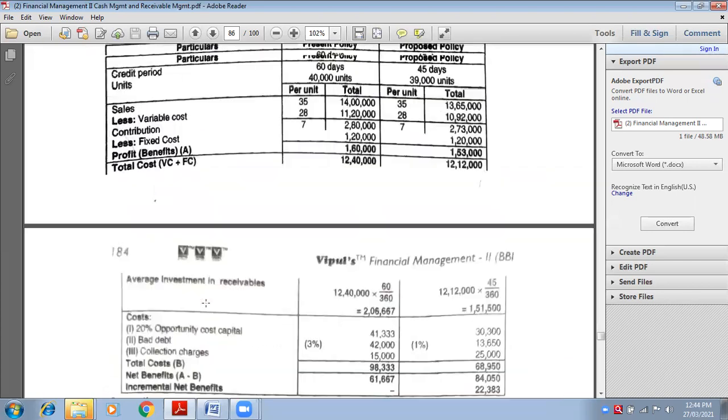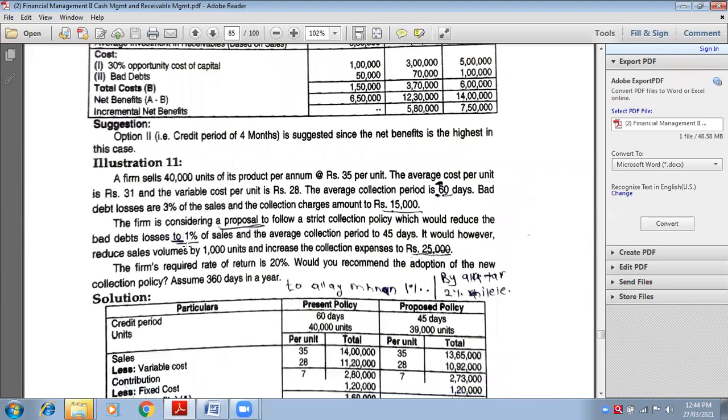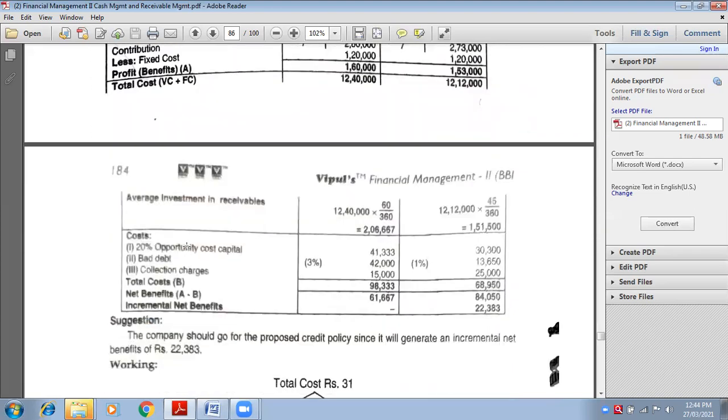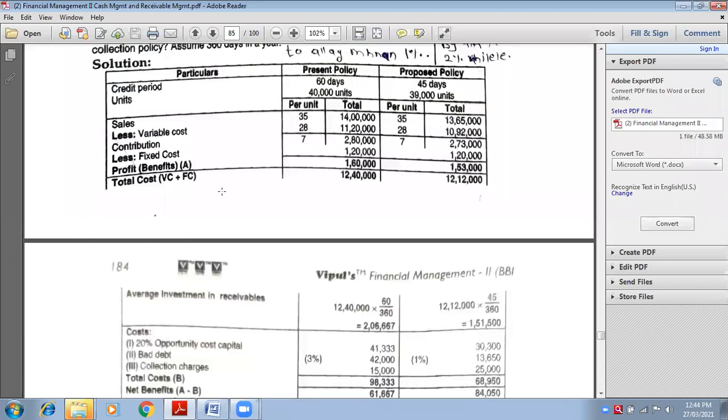Now bad debts. See, bad debts are given separately. In the present situation, bad debts is 3% of sales. And in the second situation, bad debts is 1% of sales. So similarly, you have to follow the policy rule. Bad debts, 3% of sales in the present situation. So what is sales? 14 lakhs. 14 lakhs into 3%.